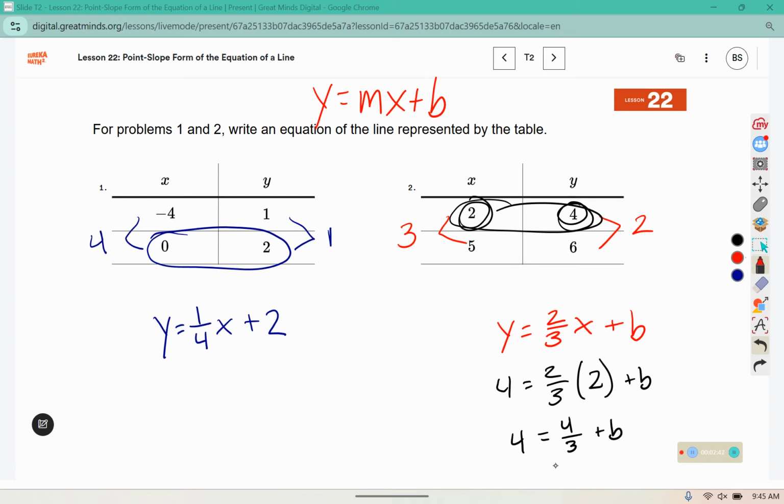If I subtract 4/3 from both sides, well, 4 could be rewritten as 12/3. So 12/3 minus 4/3 leaves us with 8/3. So in our equation, this should say 8/3.